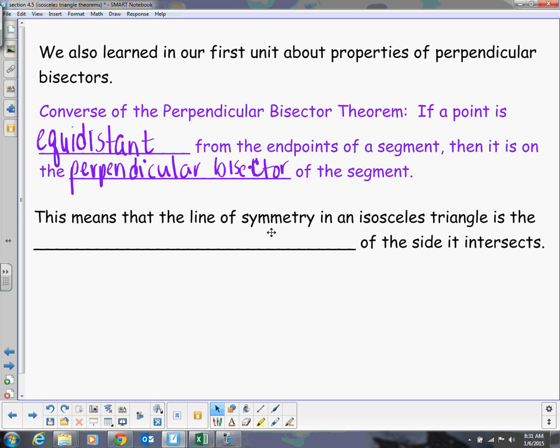This means that the line of symmetry in an isosceles triangle is the perpendicular bisector of that side. Two ways of looking at it. A concept is more deeply understood when you come at it from different perspectives.